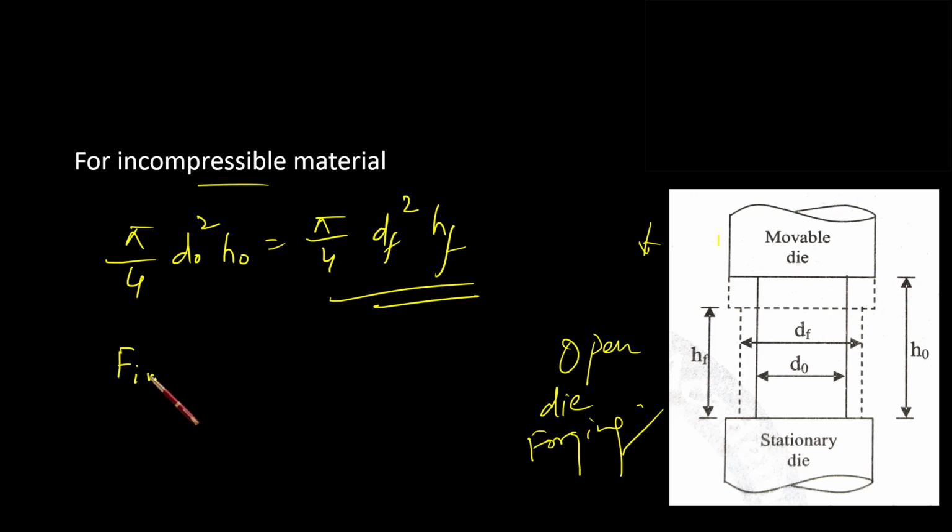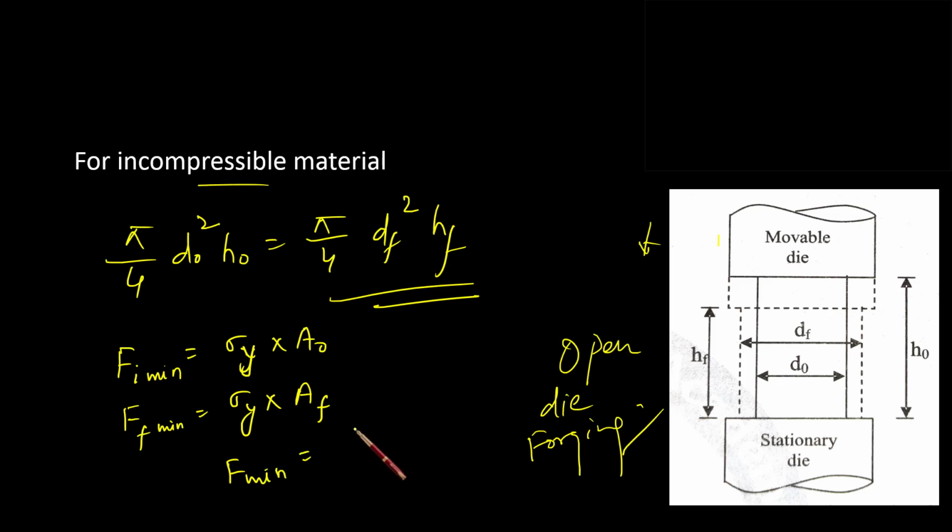In the beginning the minimum initial force which is required is, because the material is going to deform, sigma y into A naught. But the final force is sigma y into A f, right? So the average force which we will apply is this much divided by 2.